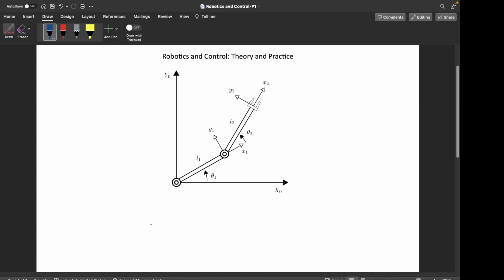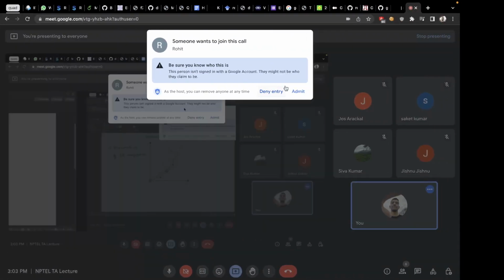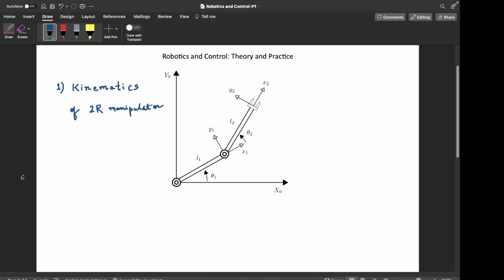So first, let's start the analysis of the kinematics of a two-link manipulator, right? Our first agenda is this.